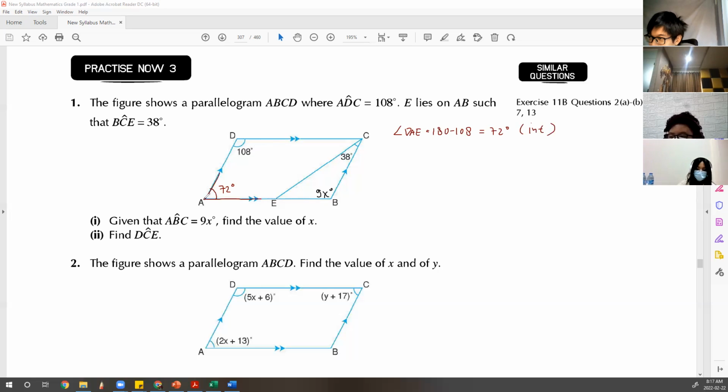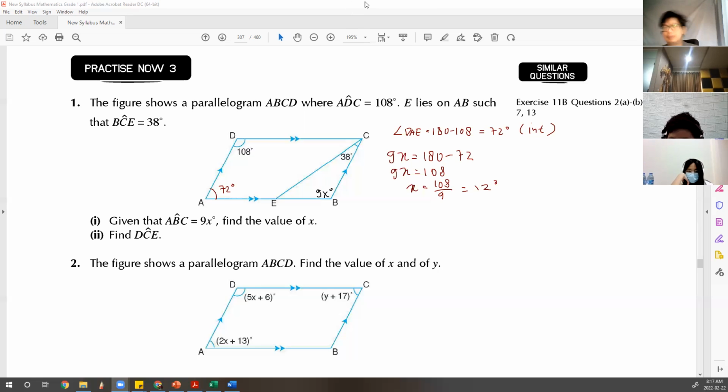Look at this. They are interior also. So 180 subtract 72 equals 9x using this interior property. Look at this, this and this. So 9x equals 180 subtract 72. So 9x equals 108. You can find the value of x: 108 over 9, x equals 12. Right.